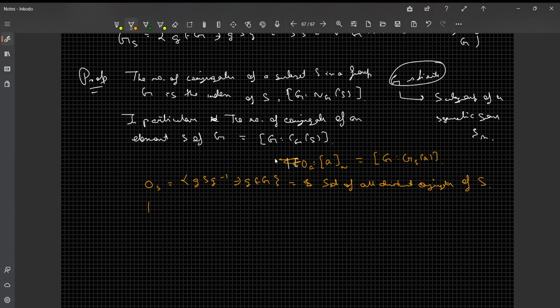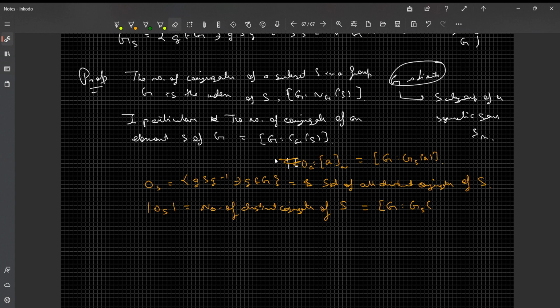So the order of the orbit is nothing but the number of distinct conjugates of S, right? But we know that the order of the orbit is obviously equal to the index of the stabilizer of this set S, right?